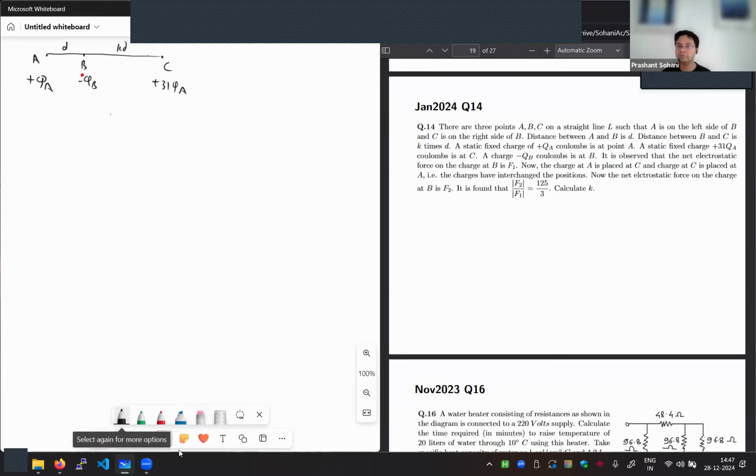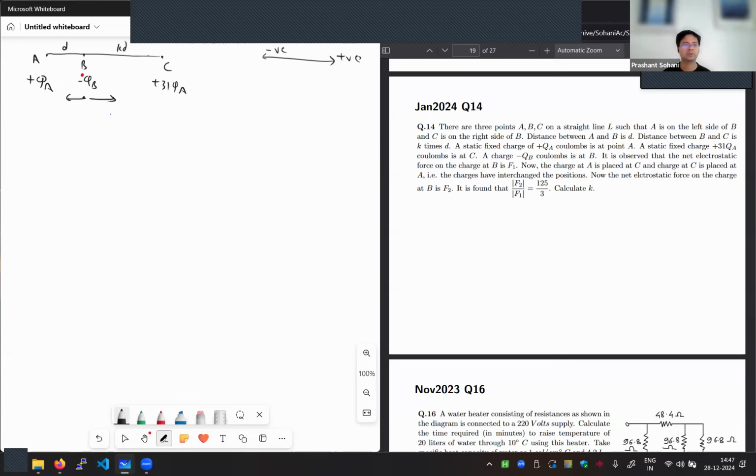So in the first case, the total force at B is F1. Let us set up some convention: positive to the right and negative to the left, so that we are able to write things properly. Now at B, A is going to attract and C is also going to attract, right?